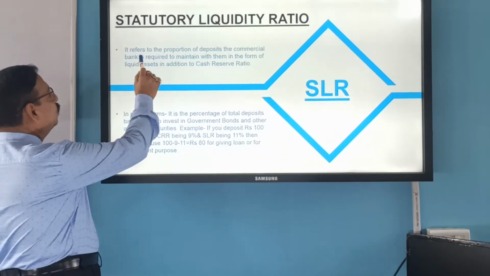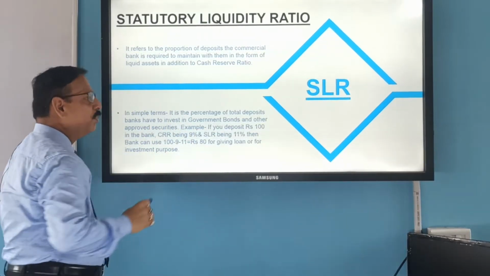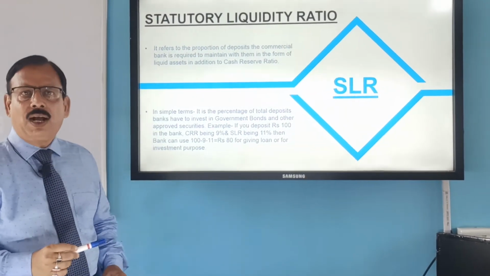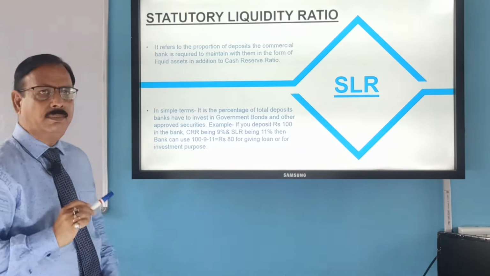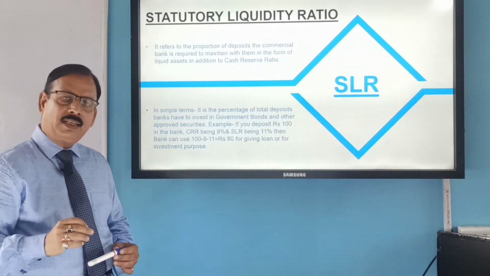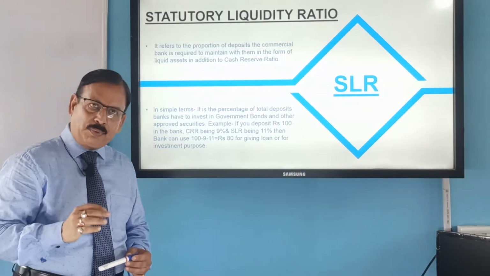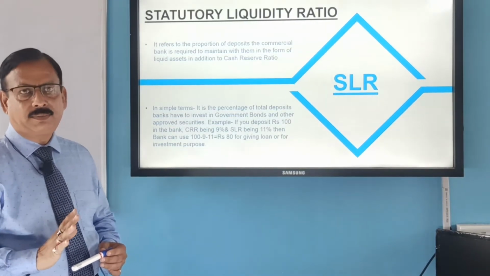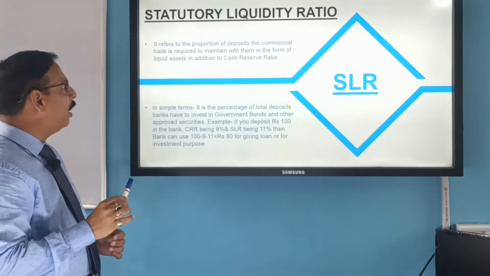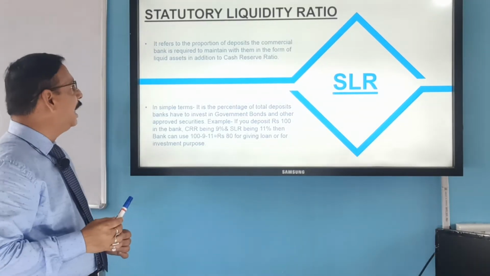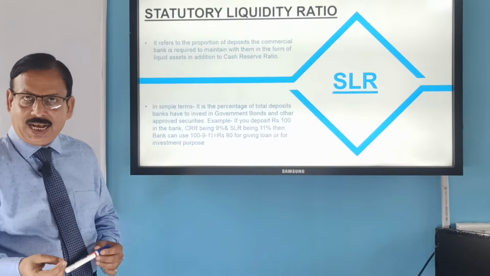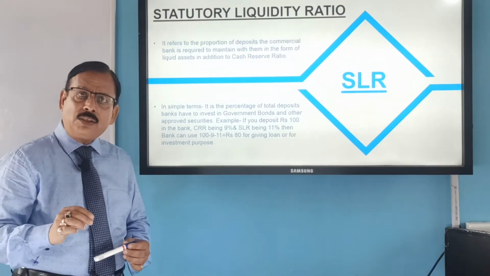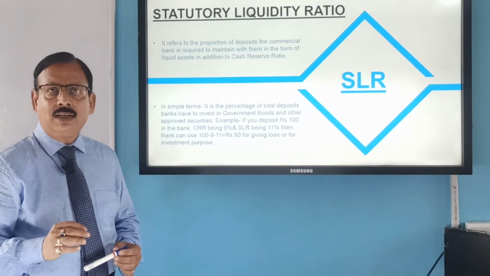It refers to the proportion of deposits the commercial bank is required to maintain with them. Means SLR is a deposit which bank will maintain with them only in form of liquid assets, that is in form of cash, gold reserve, etc., in addition to cash reserve ratio.